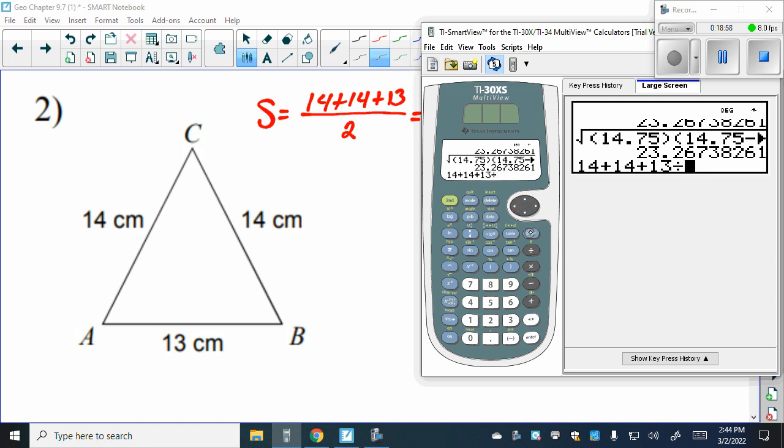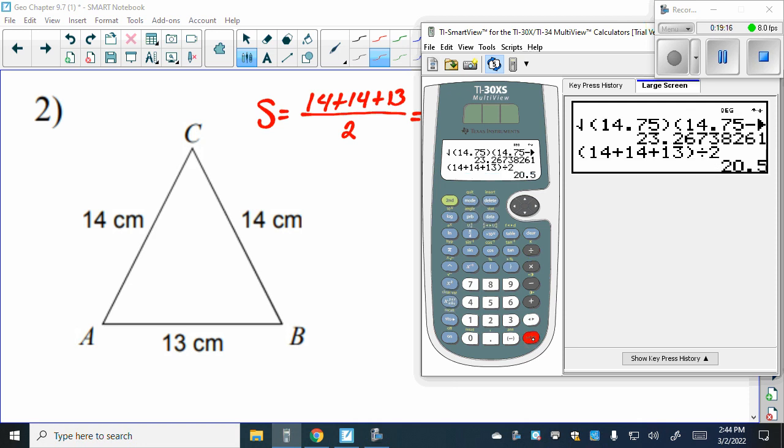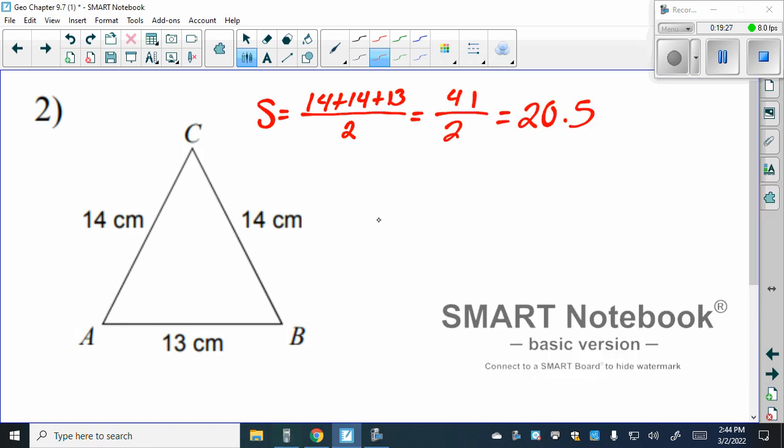Now, if you want to do it that way, there's a way we can do it. We just put a parenthesis first, 14 plus 14 plus 13, close parentheses, divided by 2. The parentheses forces it to simplify everything inside first, then do the division by 2. And that's how we get the 20.5.